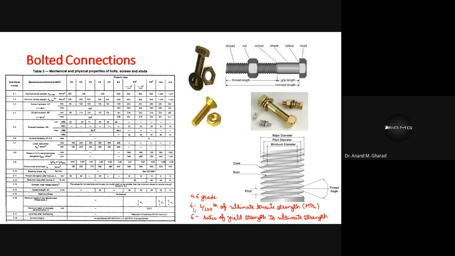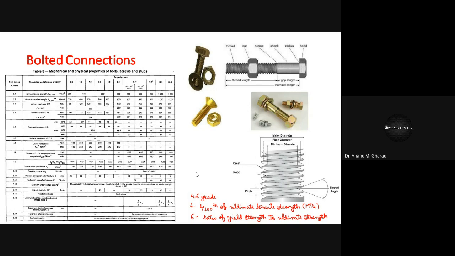So if I say a 4.6 grade is given to you, the grade of the bolt is, let's say, 4.6. So what is the physical meaning of 4 and 6 in the case of grade 4.6? 4 is nothing but 1/100th of the ultimate tensile strength, which is given in MPa.